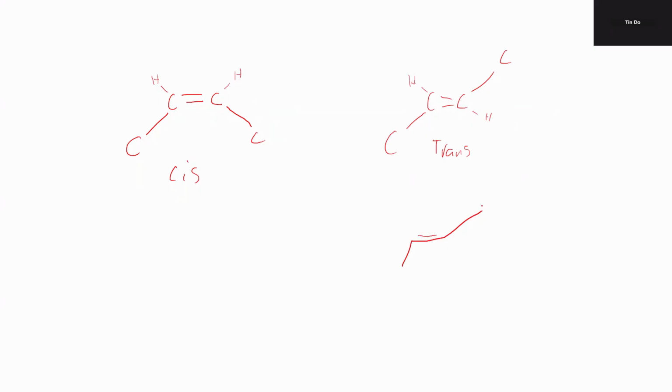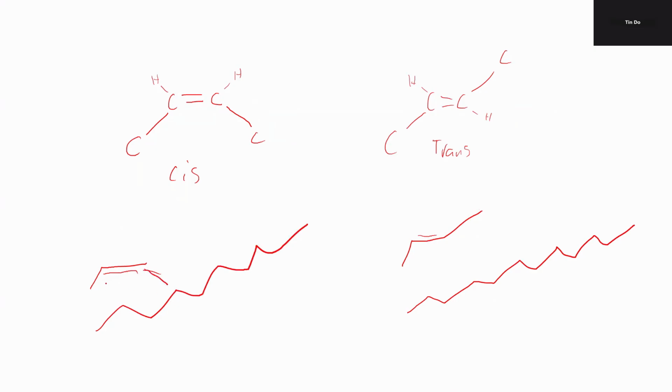Because yes, it's a slight bend, a slight imperfection, but it's stackable. We can work with that because hydrocarbon chains are just zigzags of each other due to the tetrahedral geometry of carbon. Versus cis bonds right here, if we were to draw it in a skeletal structure, it's not going to be able to stack with the other fatty acid chain. You can see the bend is causing some sort of imperfection right here.